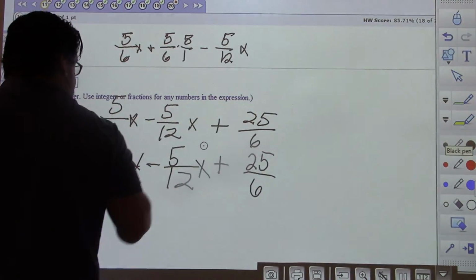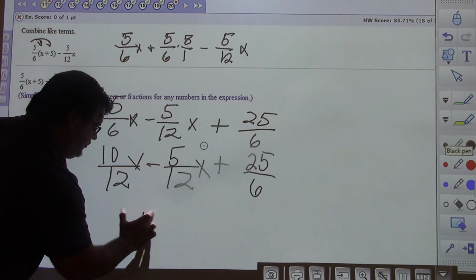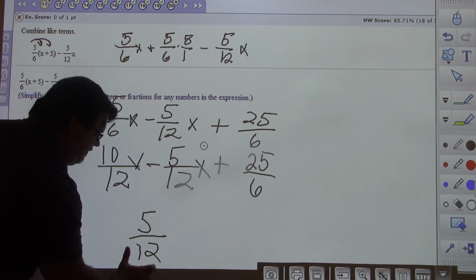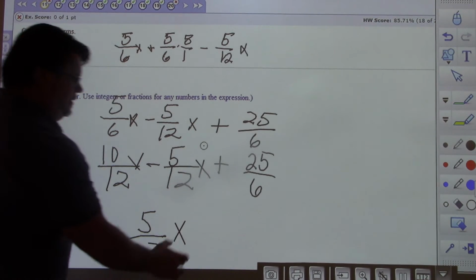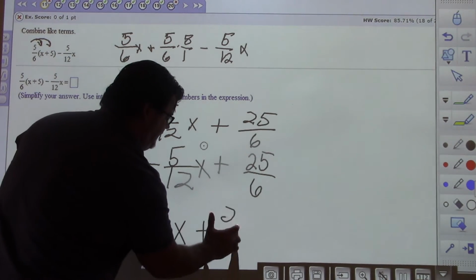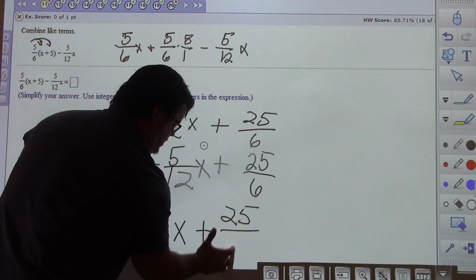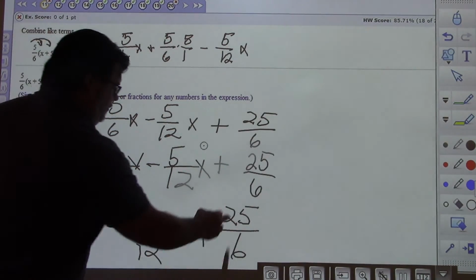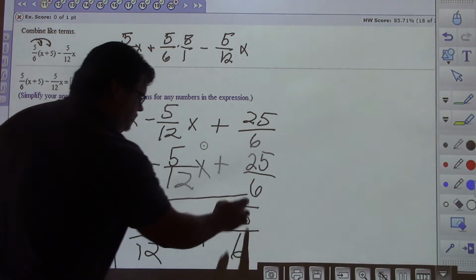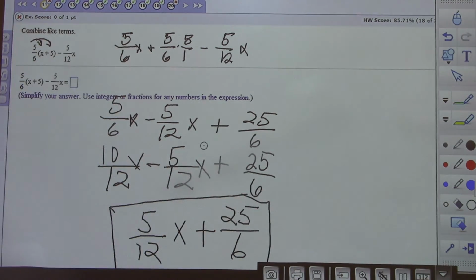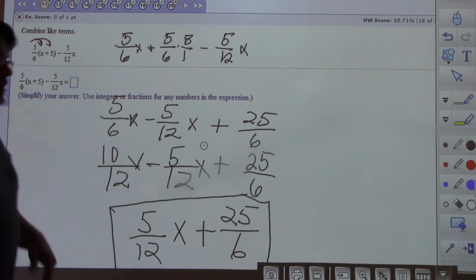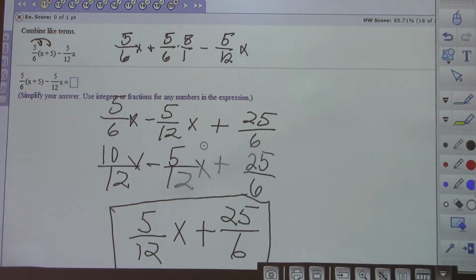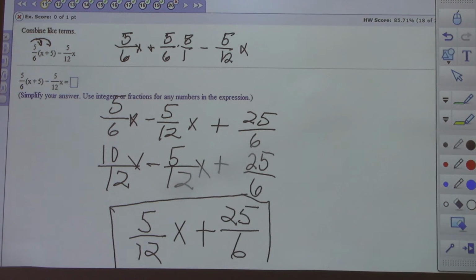And what's 10 minus 5? 5. So your final answer is 5/12 x plus 25/6. Now you could get a common denominator of 12 and change this into 50/12, but I'll take either answer. I can't put the answer in because it's your homework.